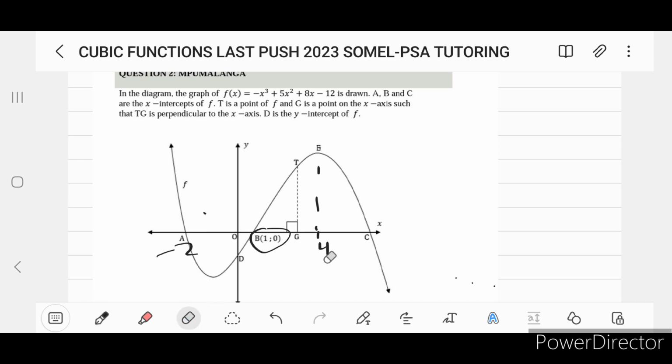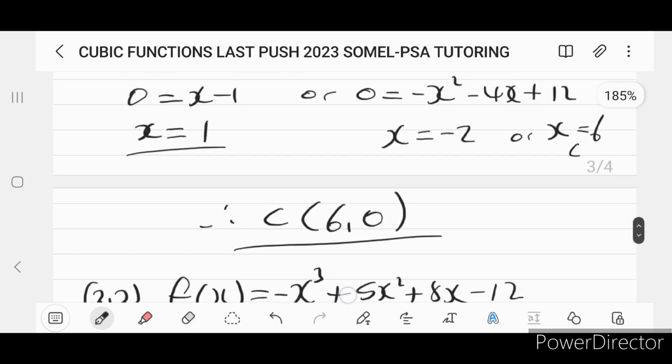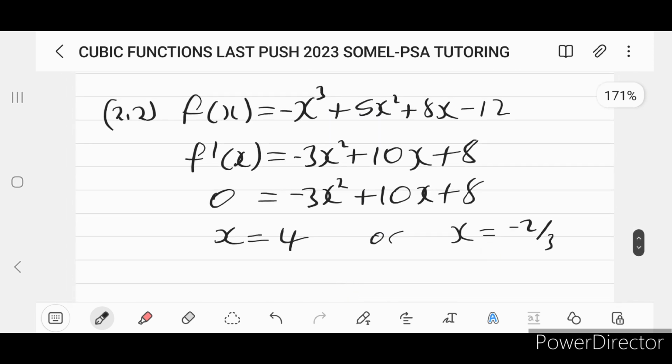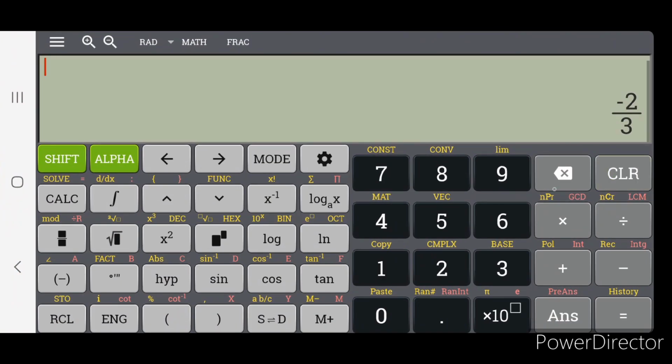Okay, so now I want to know what is the function. So I'm going to go for 4. So f of 4, you substitute 4 everywhere there.